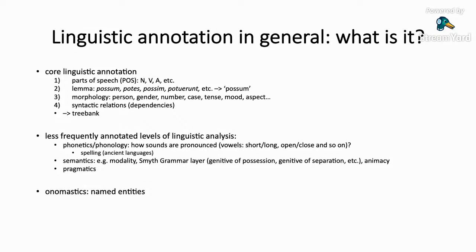So, for example, if you have an oral corpus, you can annotate how sounds are pronounced. So, if vowels are short, long, open, close, and so on. For ancient languages, you can annotate, for example, the spelling and then make some hypothesis about what this can mean for phonetics, phonology, and morphophonology.